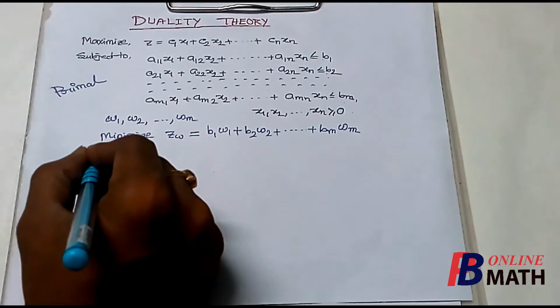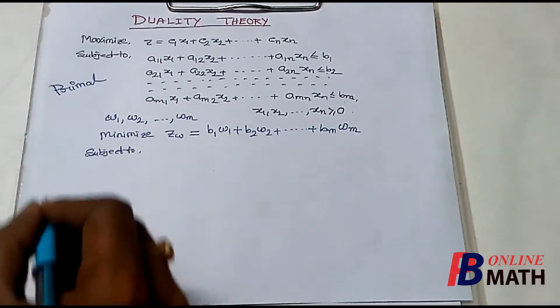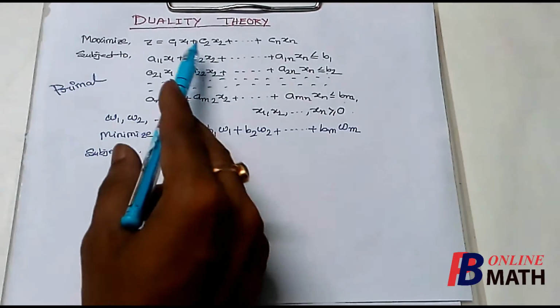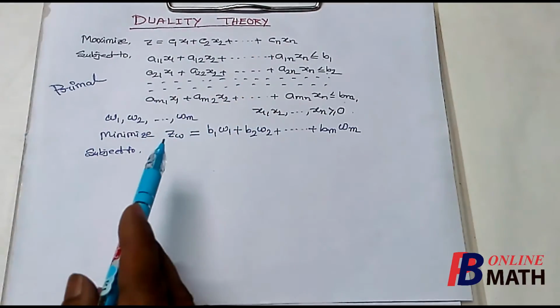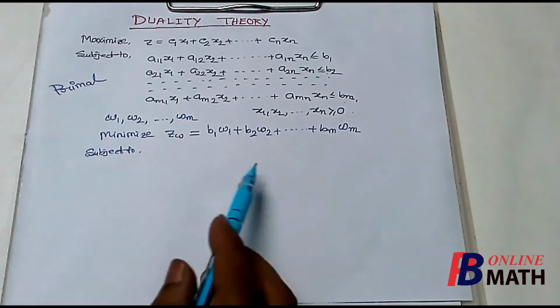Now subject to, as I have said, the number of variables in the primal problem will be the number of constraints in the dual problem. So we first write the first constraint.